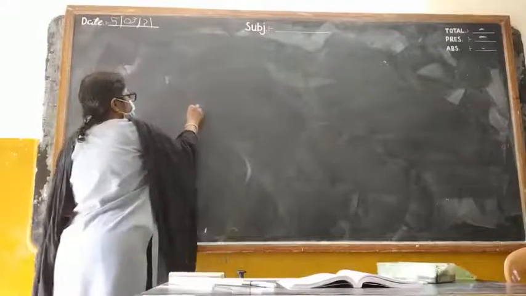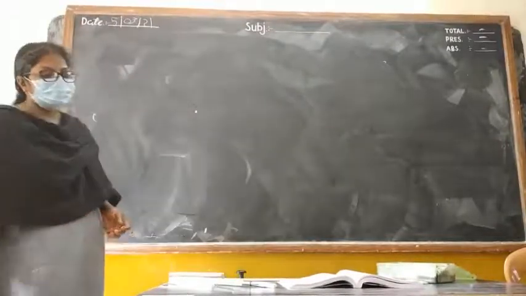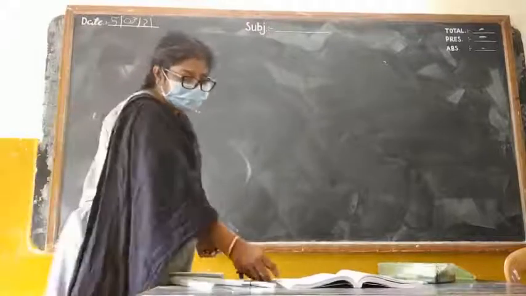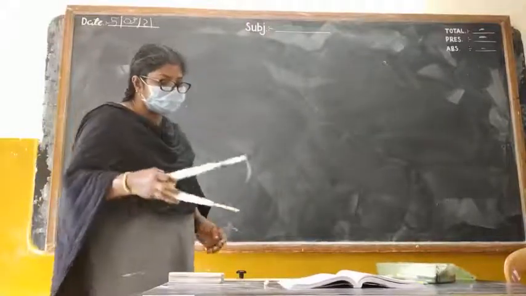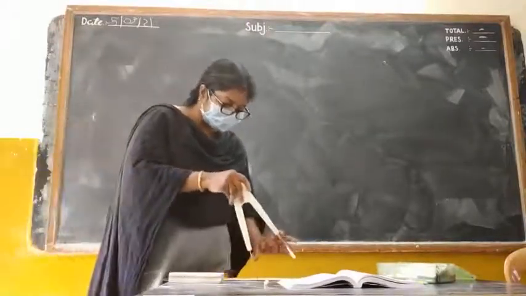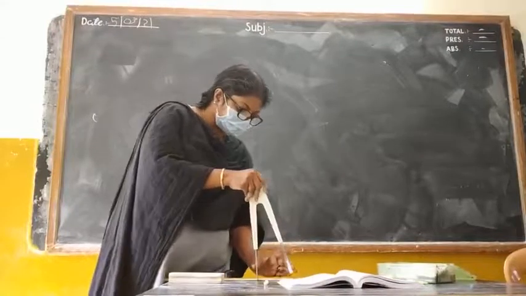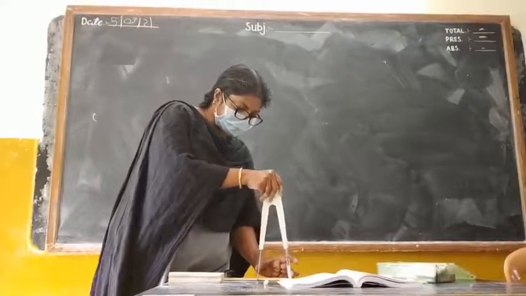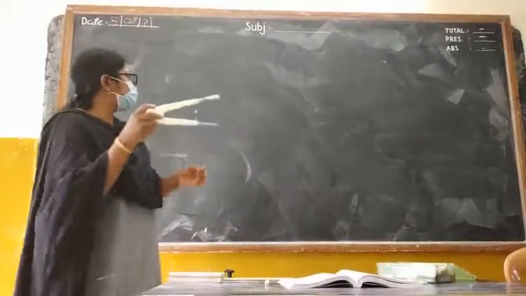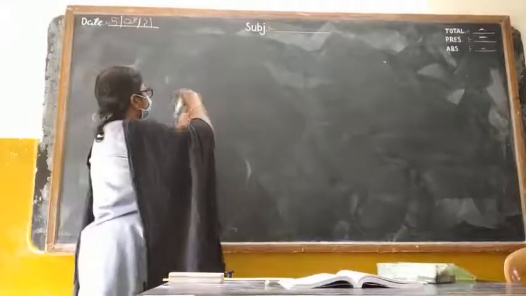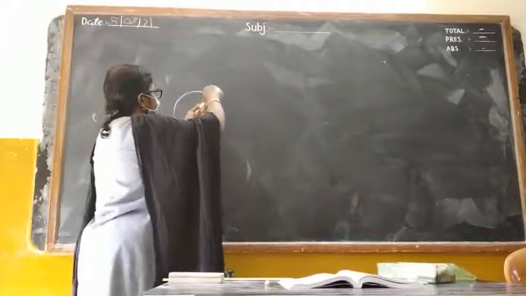So first mark the center. So first circle's radius is 4 centimeter. So take that 4 centimeter in the compass. Draw a circle.